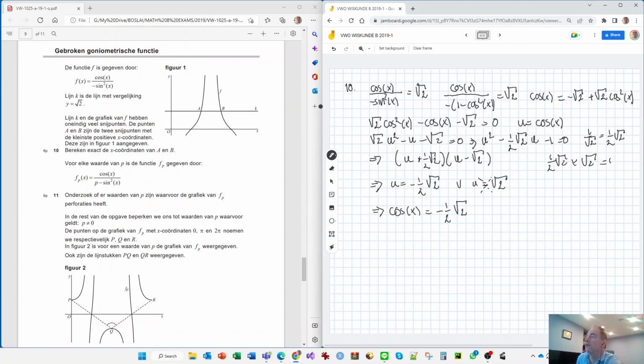And for these you just have to know your known angles for the cosines and sines. This is one of the standard values of cosines. Actually the cosine of pi over 4 is 1/2 square root of 2.